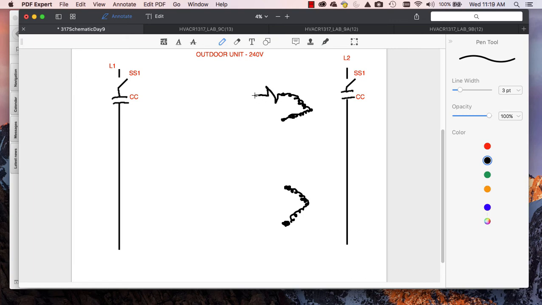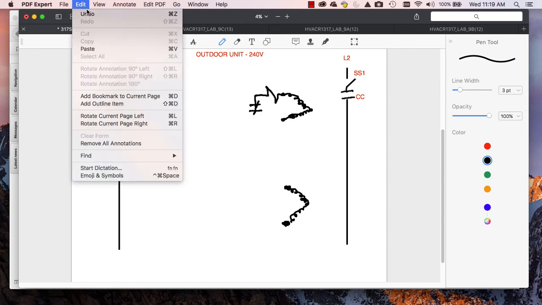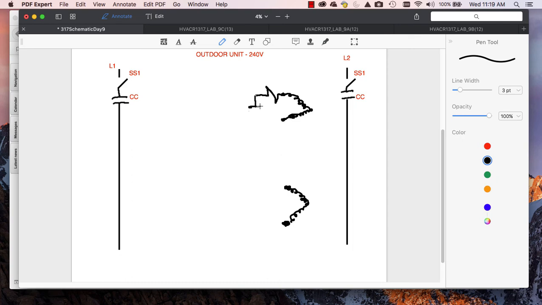So in this case, I'm going to use my current coil relay, which has an open contact that closes when it reaches the high current of the LRA and energizes that start cap.